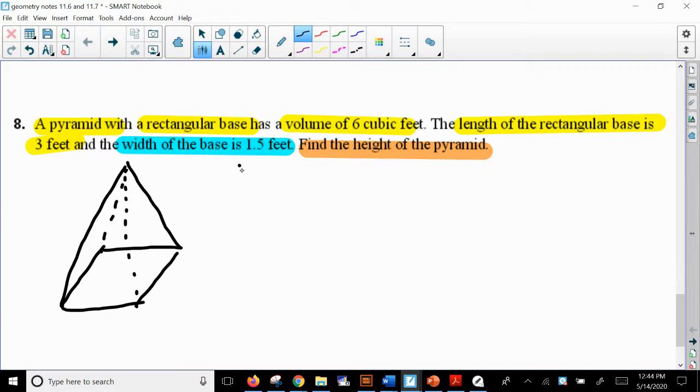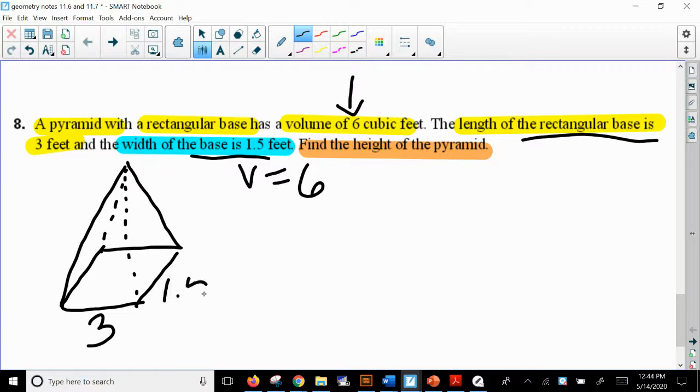We already know the volume is 6 because they told us right there. They also said that the length of the base is 3 and the width is 1.5. And then they said to find the height. So we don't know the height. I'm going to put a question mark. We don't know how tall it is.